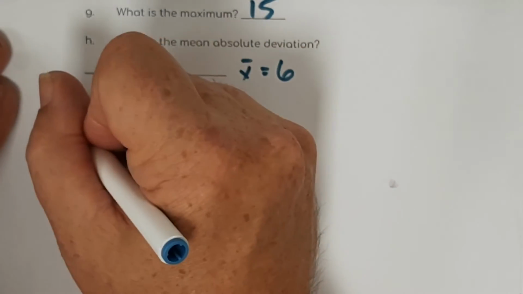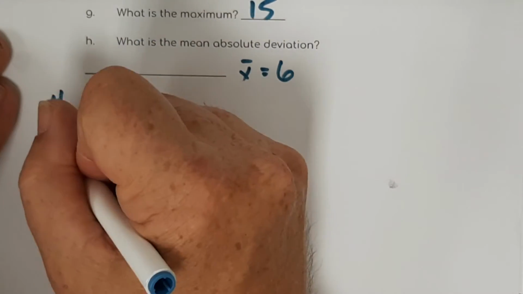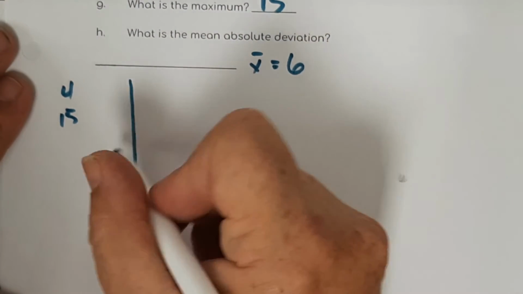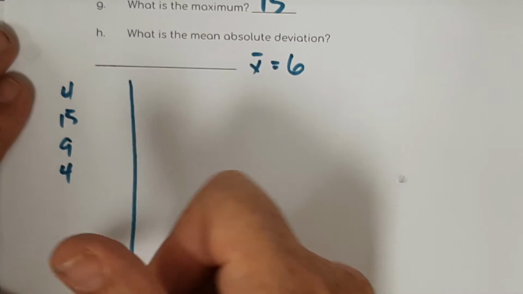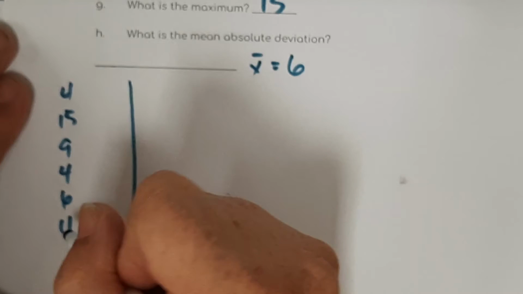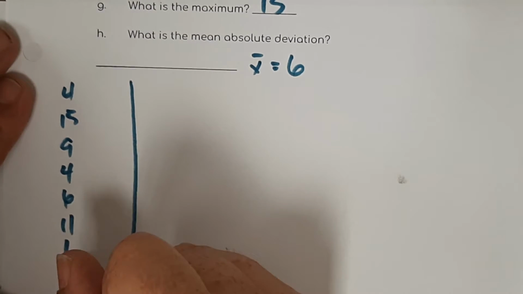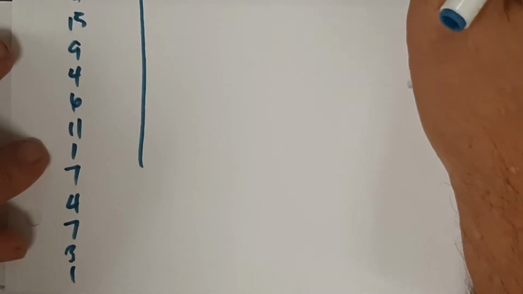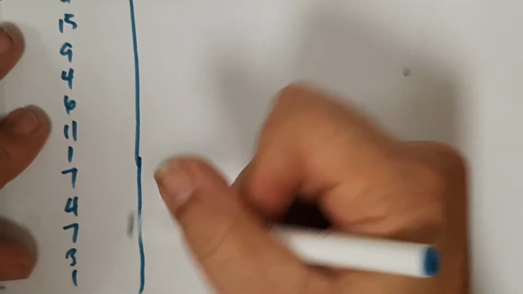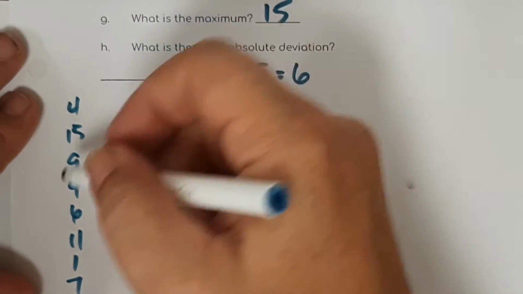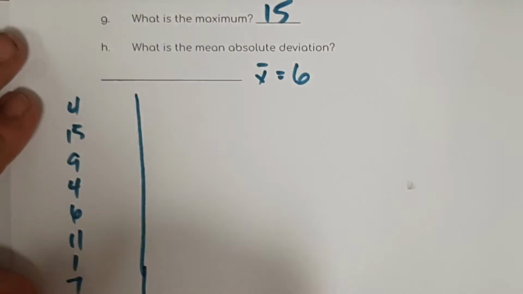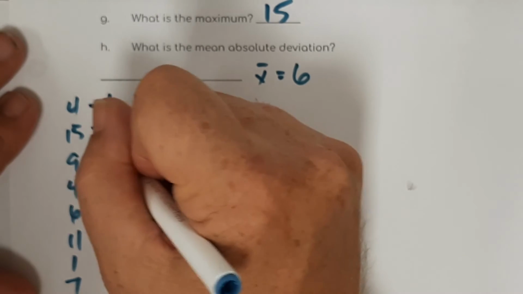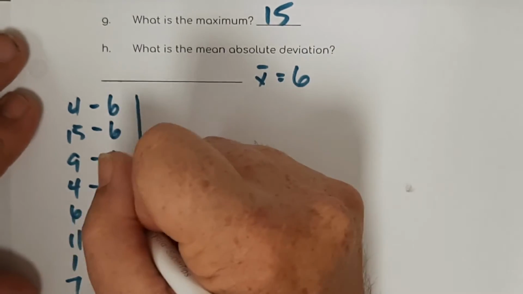So I'm going to do every one of my numbers, 4, 15, 9, 4, 6, 11, 1, 7, 4, 7, 3, 1. So you can see it kind of extends all the way down here. And I'm going to subtract 6 from each one of these. Because that's my average, I'm just going to do minus 6 all the way down.